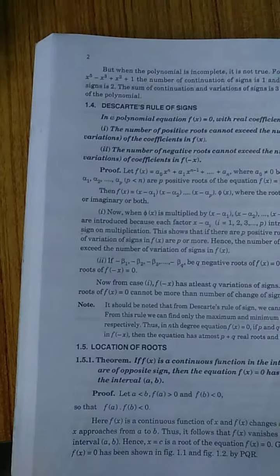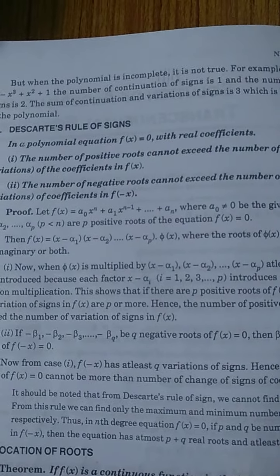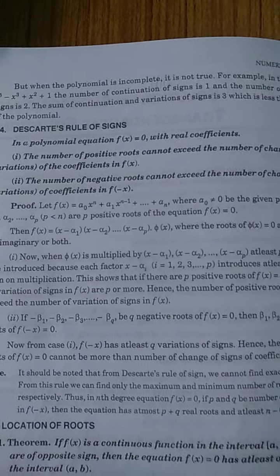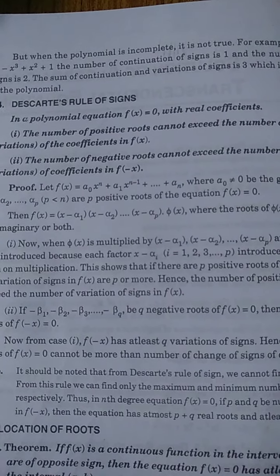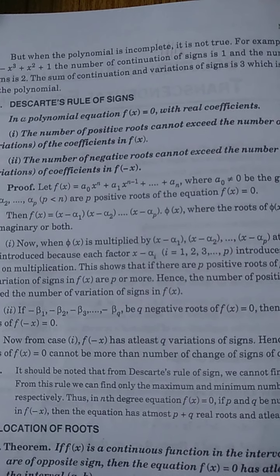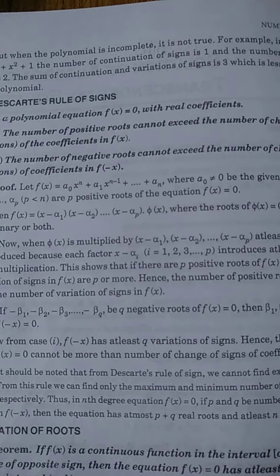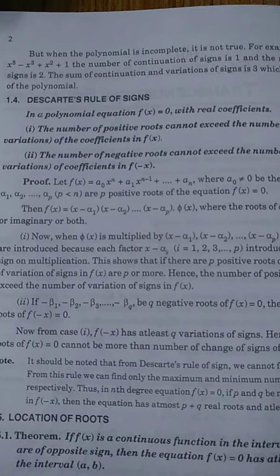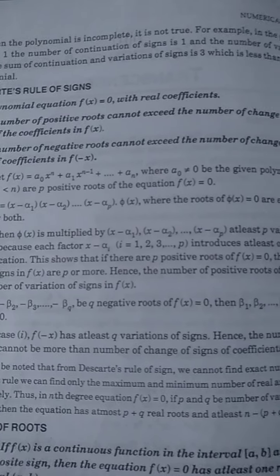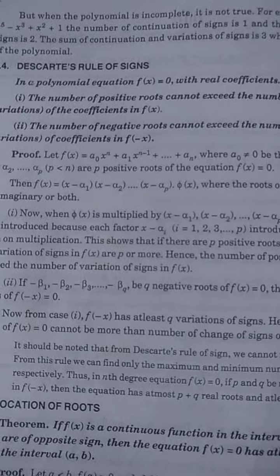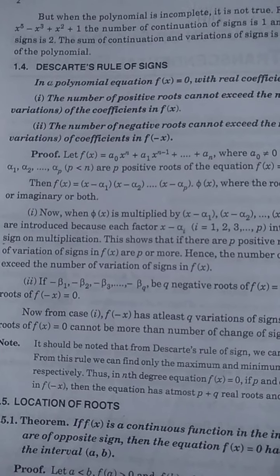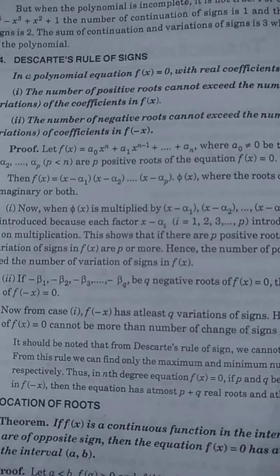Now we will discuss Descartes' rule of sign, which we gave in the previous lecture. In a polynomial equation f(x) = 0 with real coefficients, the number of positive roots cannot exceed the number of changes of sign, or variations, of the coefficients in f(x).